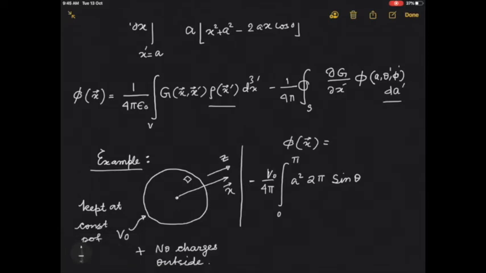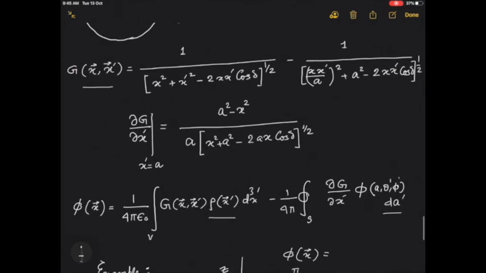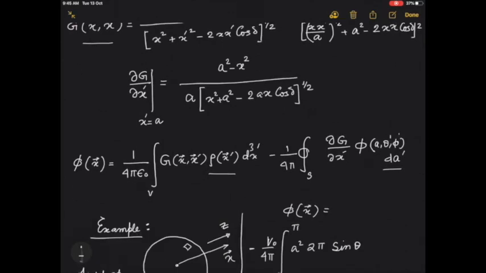What do I have for the integral? Well, the potential is kept at constant V0 at the boundary, so that can go outside as V0.